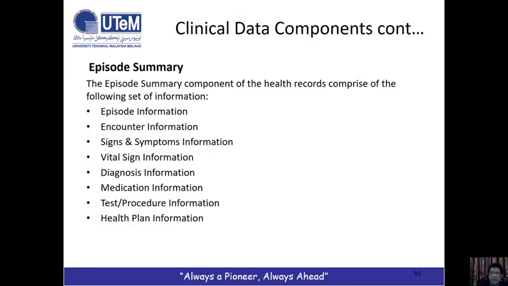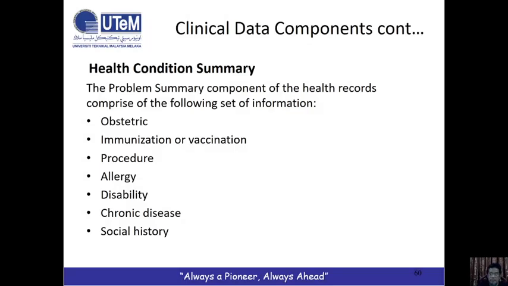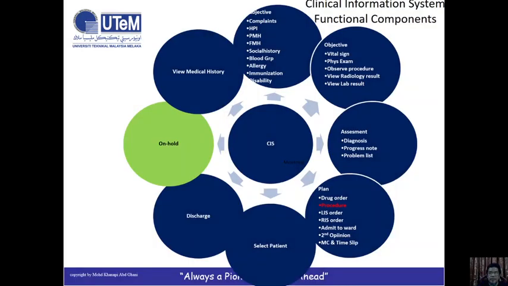Okay, I repeat again. Now you are in the clinical data component. In order to discover the data component or data entity and also the attribute, you start to model the functional component.